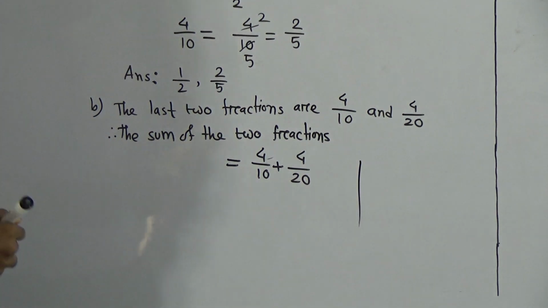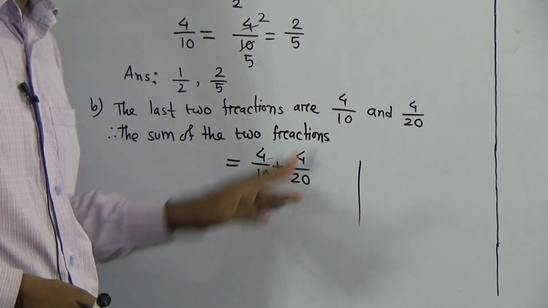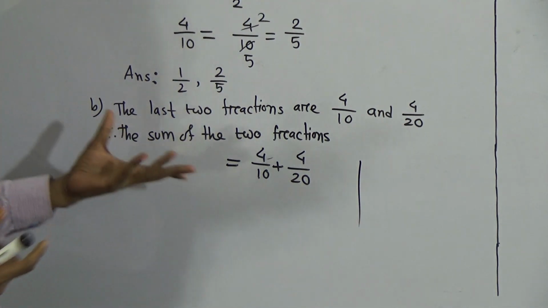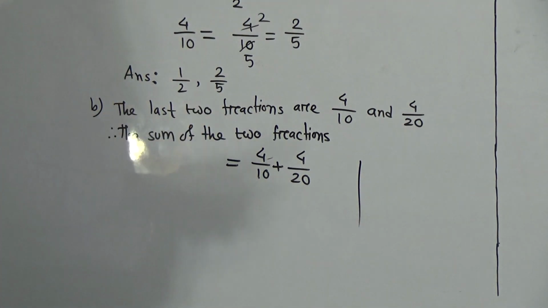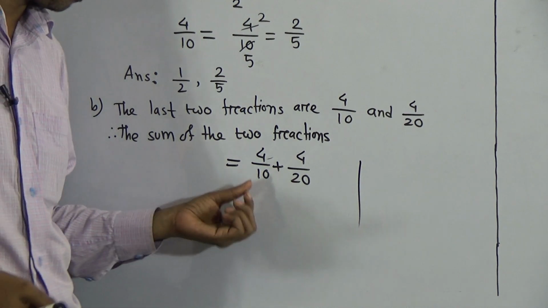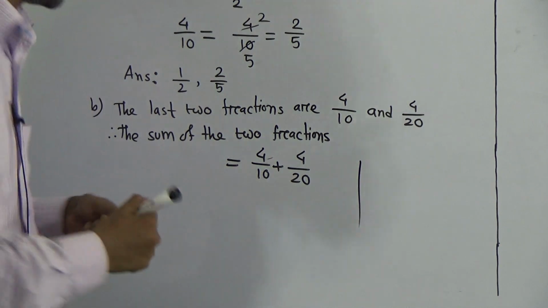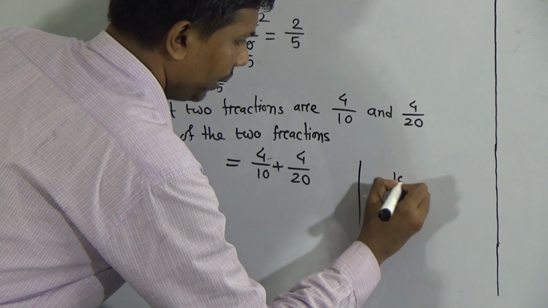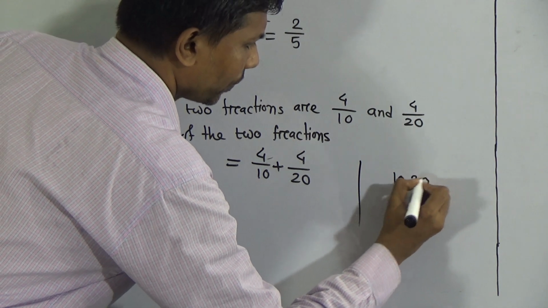You know, this is 4 by 10, 4 by 20. At first, what is our duty? To add. At first, we have to do the LCM of 10 and 20.